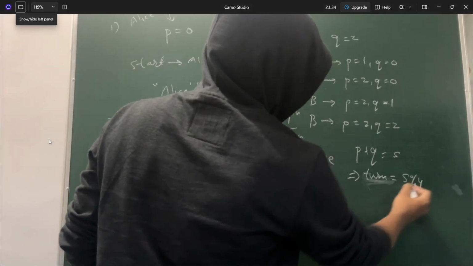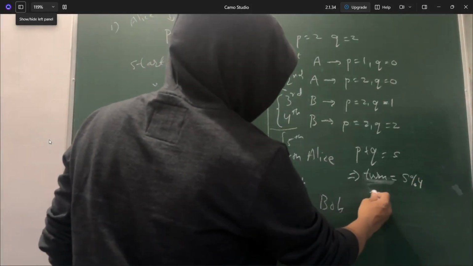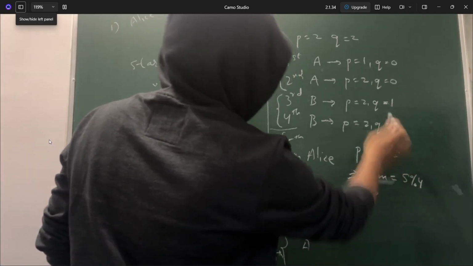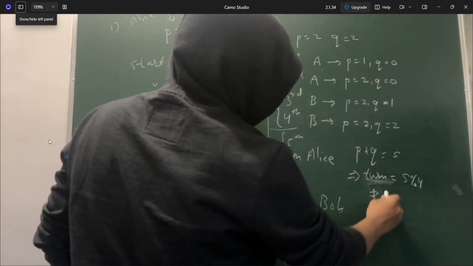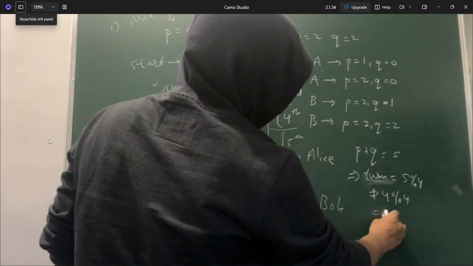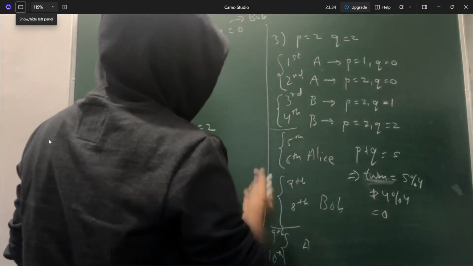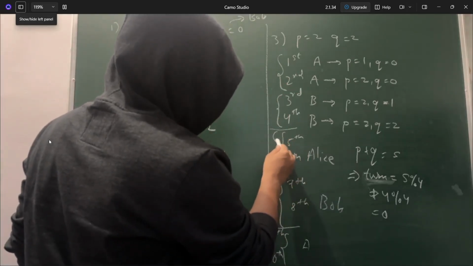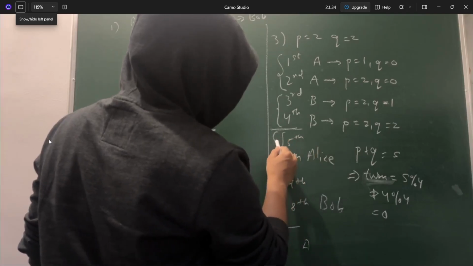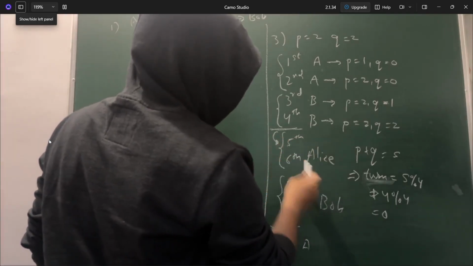Once we find S modulo 4, if it is perfectly divisible by 4, let's say S is 4 only, then 4 modulo 4 will give you the answer 0. By 0, what I mean is that it is Alice's service. You have seen here also, right? So 4 is perfectly divisible, so we don't have any remainder, so the next serve will be done by Alice.